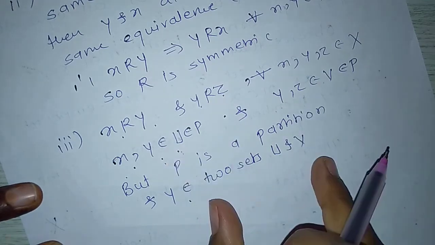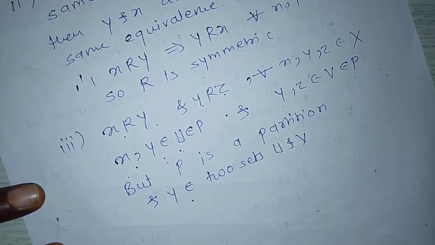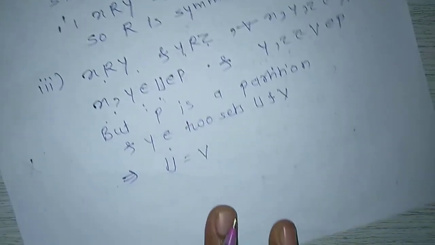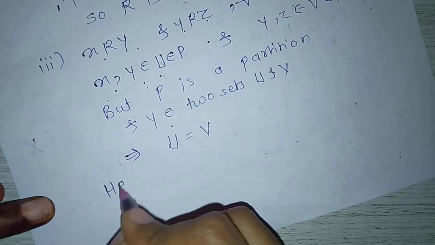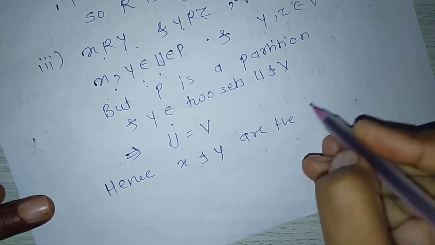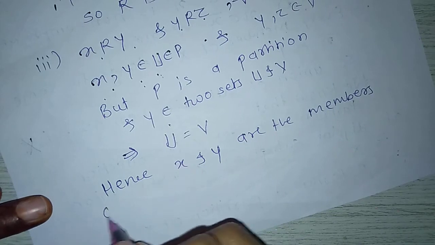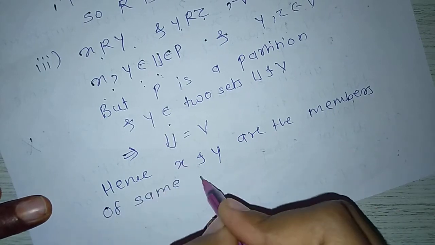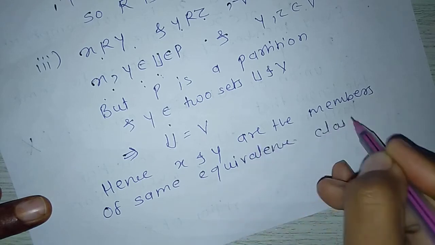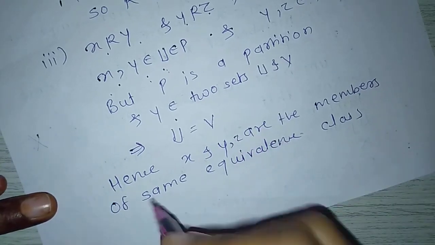But y belongs to both sets, so these two sets are definitely identical, which implies U equals V. Hence, x, y, z are members of the same equivalence class.